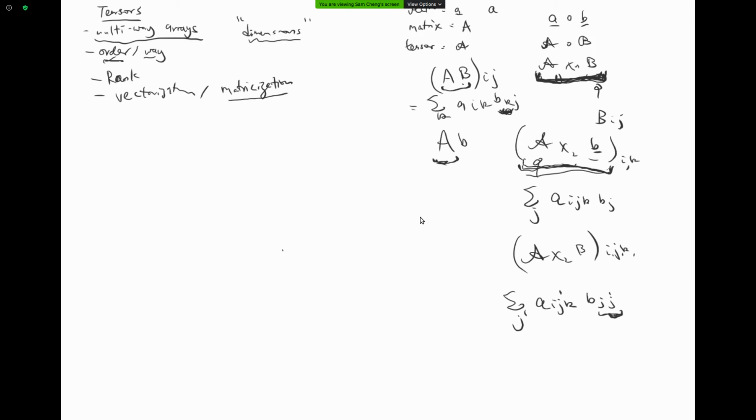if we want to look at the mode n matricization, or in this case the mode 2 matricization, of A times B here.